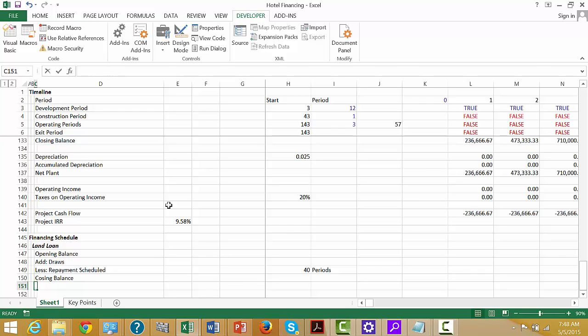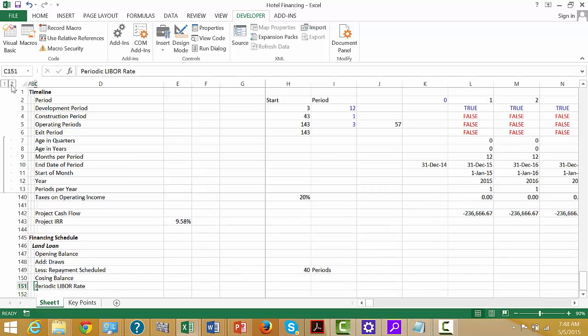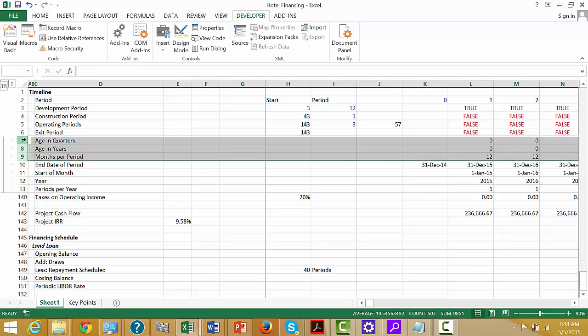Now let's put an interest, let's put the LIBOR rate in here. Here's what I should have done. We need this periods per year, so here's what we can do with this one.